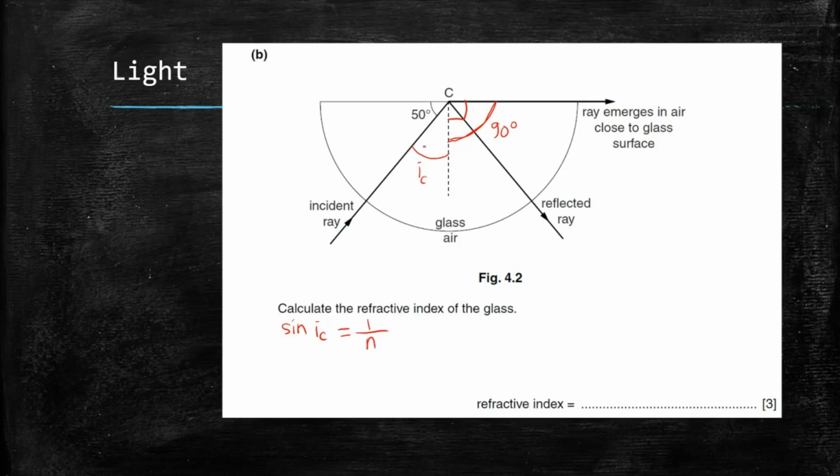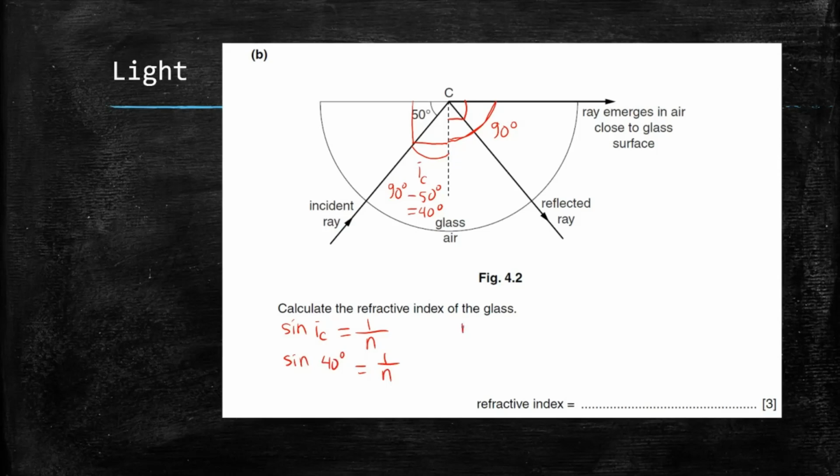To know IC, look at this angle. This is a 90 degrees angle. So, if that angle equals 50 degrees, then IC, the critical angle, equals 90 degrees minus 50 degrees, or 40 degrees. So, sine of 40 degrees equals 1 over n.